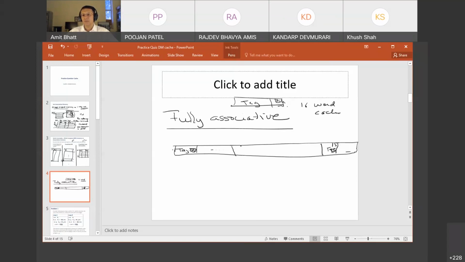Sir, here it will not check any index? There won't be any index. It's just tag. It will check using the tags. Yeah. Fundamentally, if someone has said that I want address number 1011, then it has to be brought in from 1011, correct?